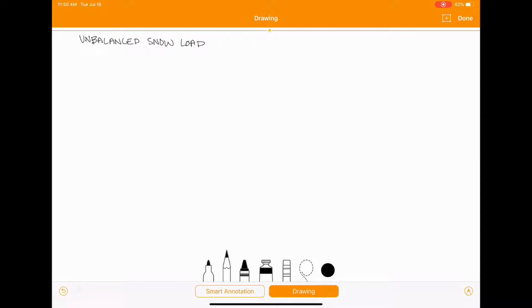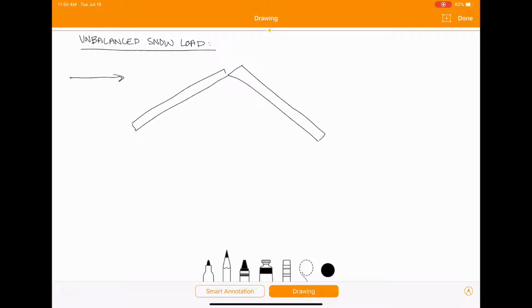And this is used in situations where you have some sort of sloped roof, some gable style roof, and you've got snow sitting here, you've got snow sitting here, and then the wind comes and blows in this direction, let's say, and it's going to pick up this snow over here and drop it over here, and it's going to pile up over here on this ridge, just like that.